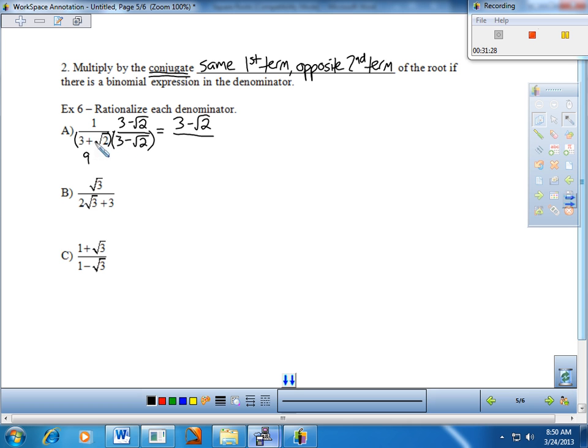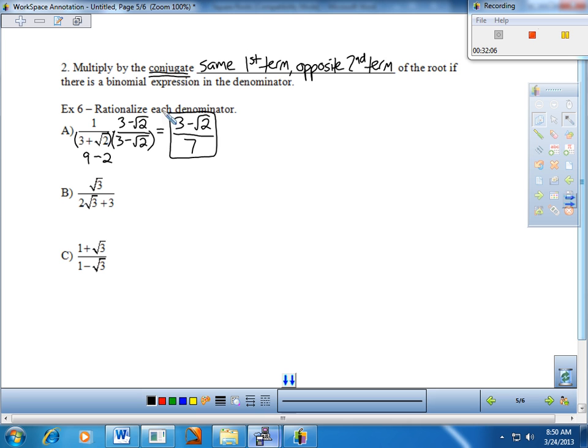You've got root 2 times negative root 2, which would be negative root 4, or negative 2, minus 2. And I'm hoping you see that. If you don't see that, please call me over and let's take a look. But 9 minus 2 is going to give us the 7. And there you go. Here's a finite length divided into 7 pieces. I like that. Very cool.